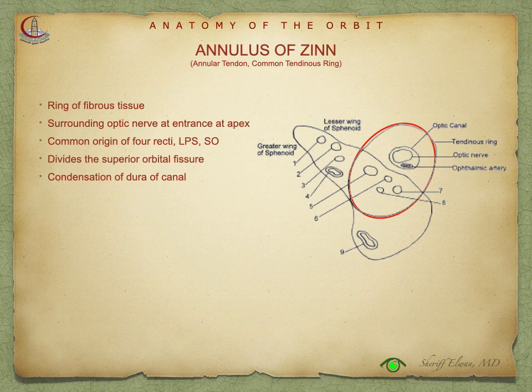Actually, it gives origin to all extraocular muscles except the inferior oblique. It divides the superior orbital fissure into above the ring, within the ring, and below the ring, and it is actually a condensation of the dura of the optic canal at this area.